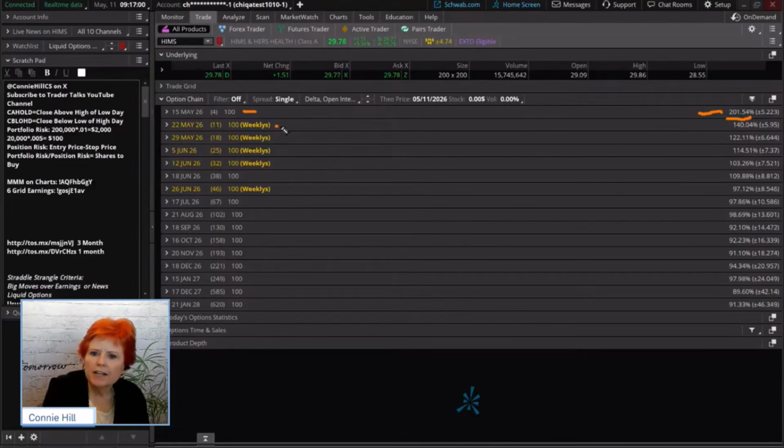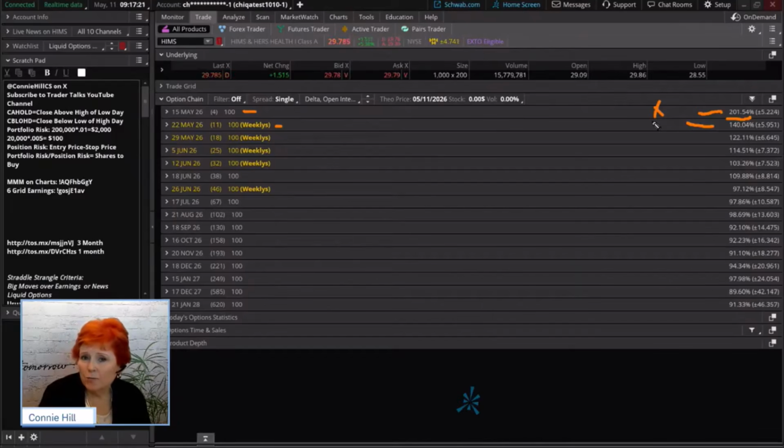The ones that expire the next Friday, not nearly as much, but these are still really big numbers, you guys, 140% priced into these. And that is a huge difference, 201 and 140. That's like what, 60% higher up here, which means these options are really, really expensive.